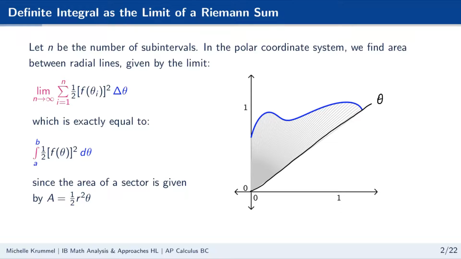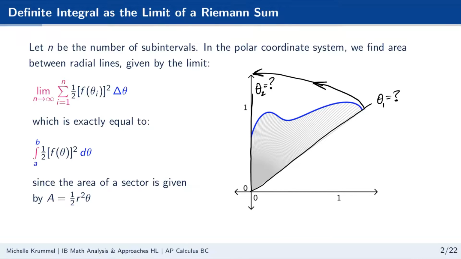So what angle is this where we're starting to capture area? And then here, what angle is this? And that's going to be our lower limit of integration and our upper limit of integration. So maybe I'll call that theta 1, theta 2. And we're going to be sweeping around in this direction, capturing the area as we go. So the integral is always going to move in that counterclockwise direction.